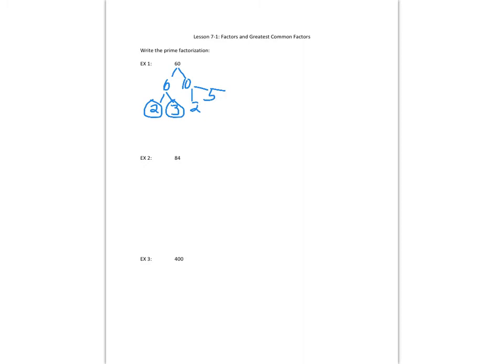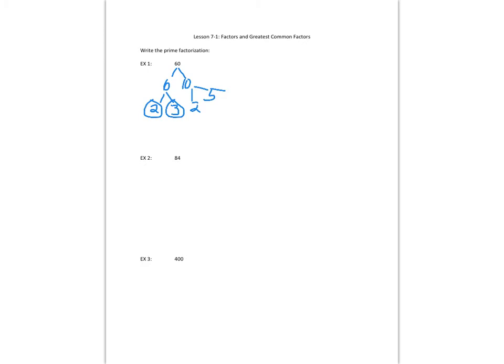Now the reason why 1 is not considered prime is because every number should have one unique prime factorization. There shouldn't be multiple answers that students can come up with for the prime factorization of 60. Everybody should come up with 2 squared times 3 times 5, no other variations. If 1 were considered a prime number, I could have an exponential form like 1 times 2 squared times 3 times 5. That would make 2 different prime factorizations for 60.